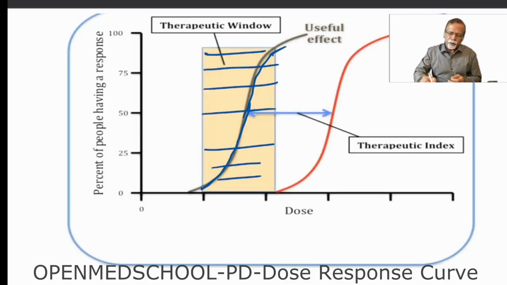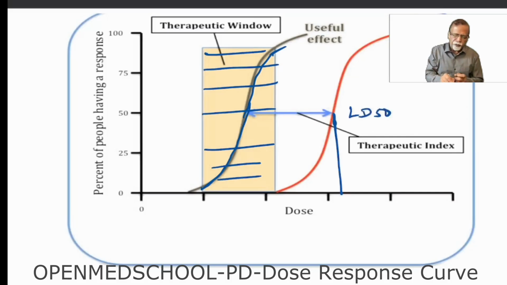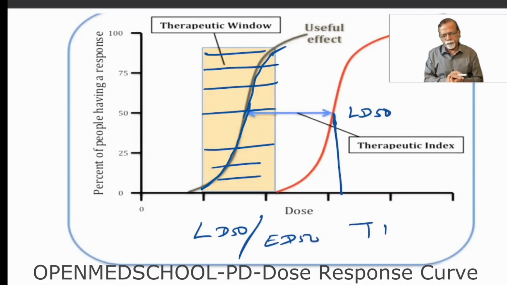And you are thinking about the toxicity. This is the ED50 for toxicity or the LD50. LD50 divided by ED50 is the therapeutic index.